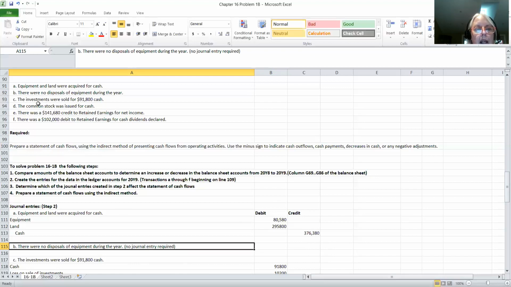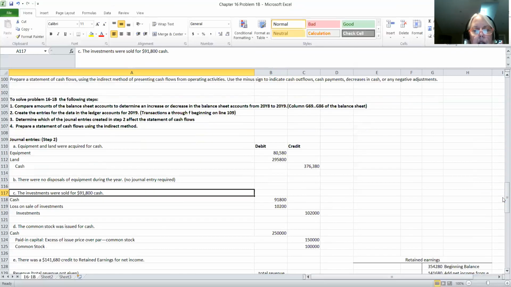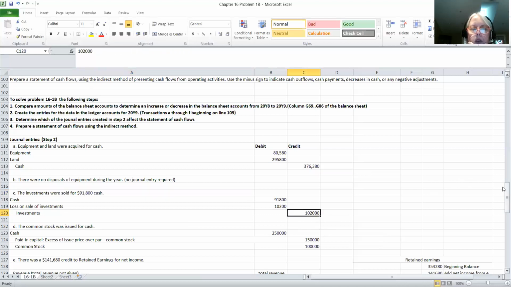But in Part C, we had some investments that were sold for cash at $91,800. So we need to recreate the journal entry for that. We're going to need to look at our investments to see what they cost us. If we sold the investments, we're going to credit them for what they cost us.